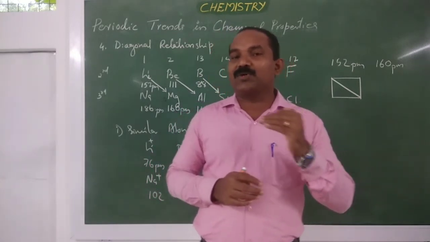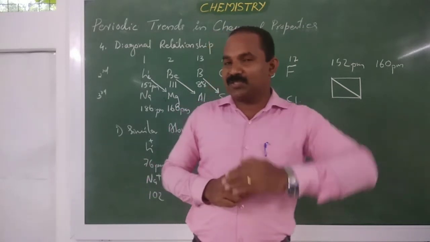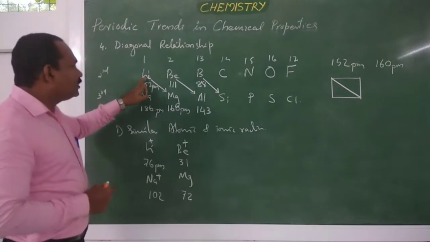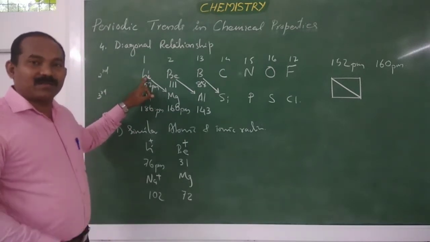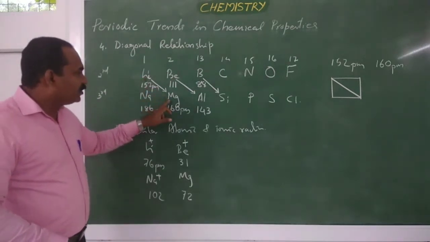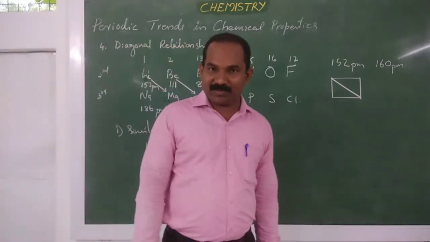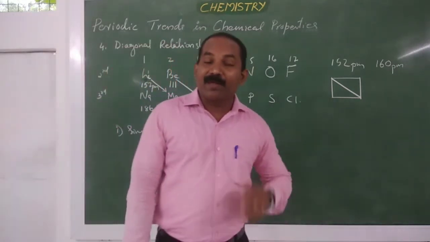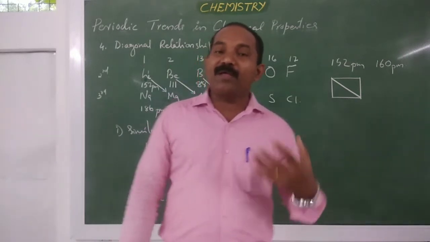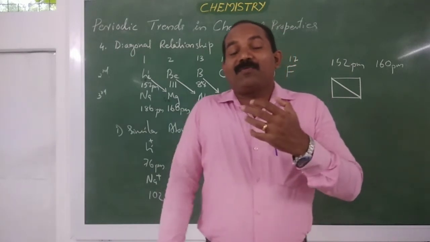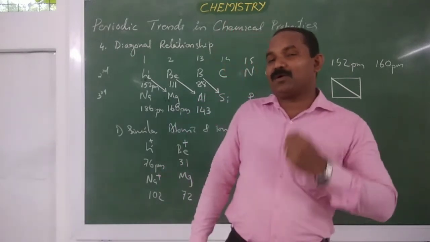This is known as diagonal relationship. And one other thing is lithium forms covalent compounds. Similarly, magnesium also forms covalent compounds. Lithium is predominantly covalent in nature.